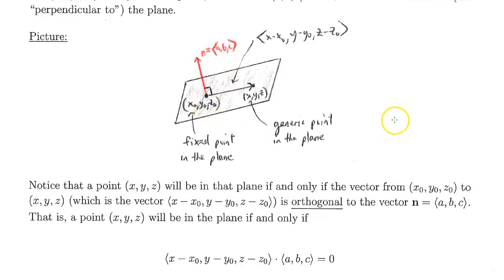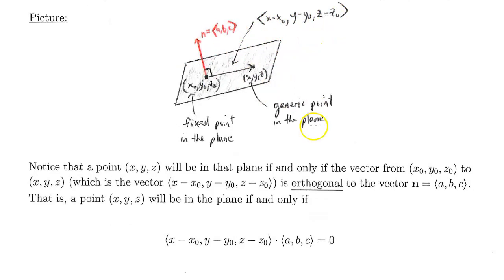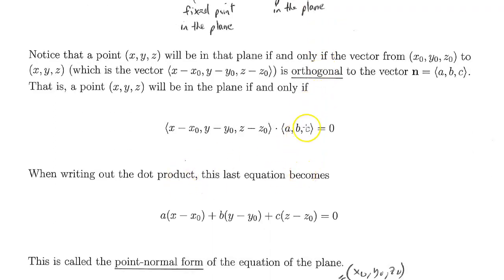Now, what does it mean to be orthogonal or perpendicular? It means the dot product is 0. So the dot product of x minus x naught, y minus y naught, z minus z naught with a, b, c should be 0. If we actually do that dot product, we get x minus x naught times a, plus y minus y naught times b, plus z minus z naught times c.